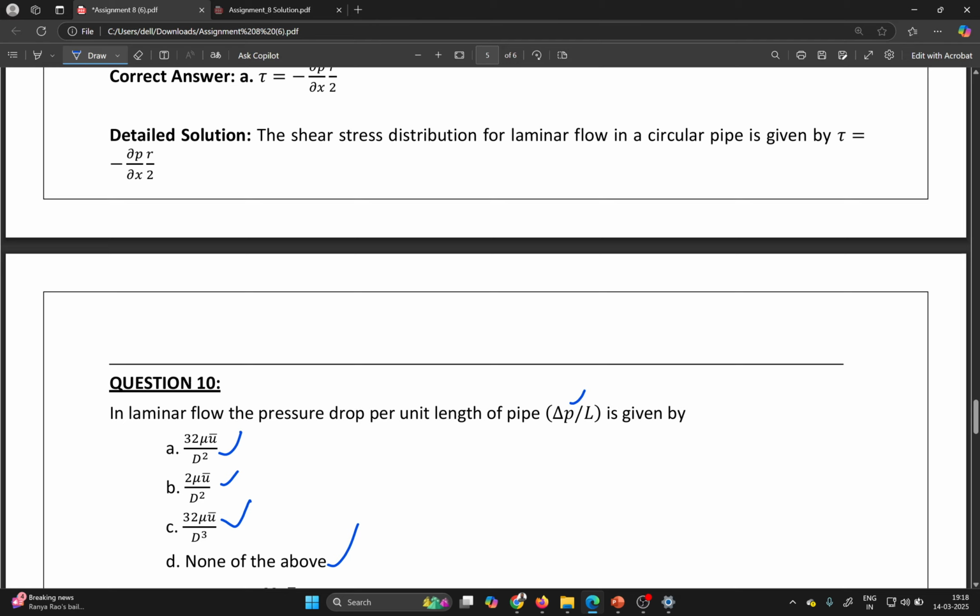Please try to give your answer for question number 10. In laminar flow, the pressure drop per unit length. Important one.